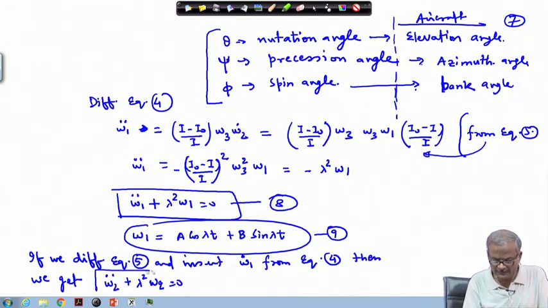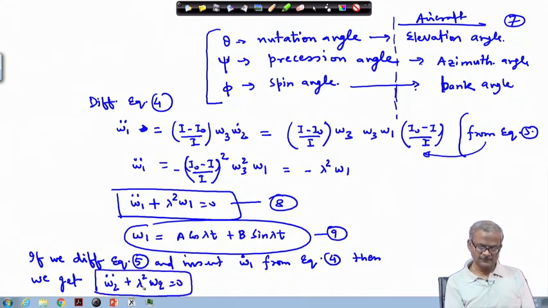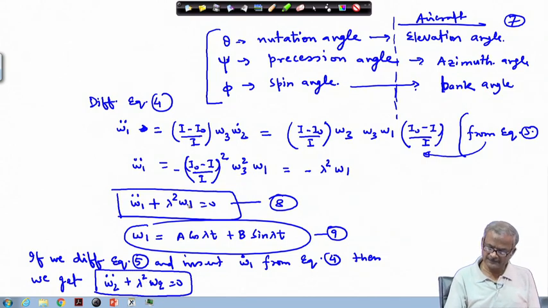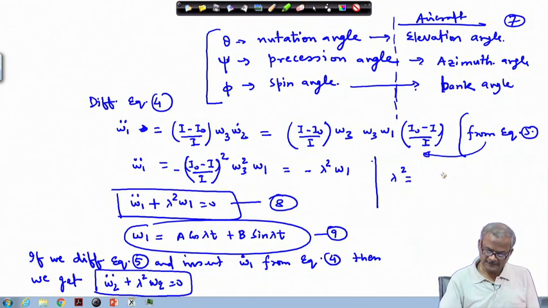So we get the same type of equation, and here also lambda square is the same as we have written here. Lambda is simply (I0 minus I) divided by I times omega 3. This is your lambda.